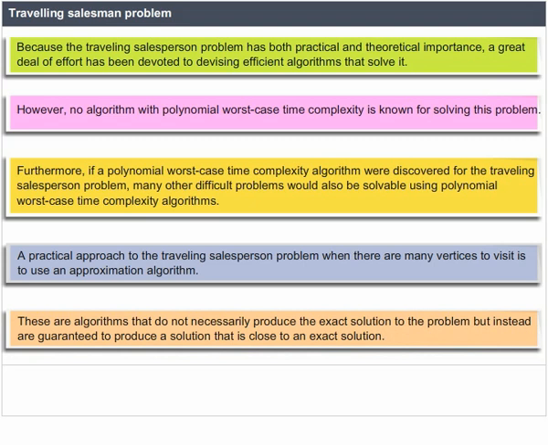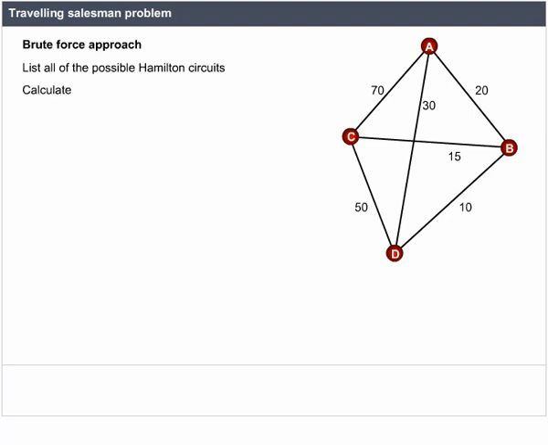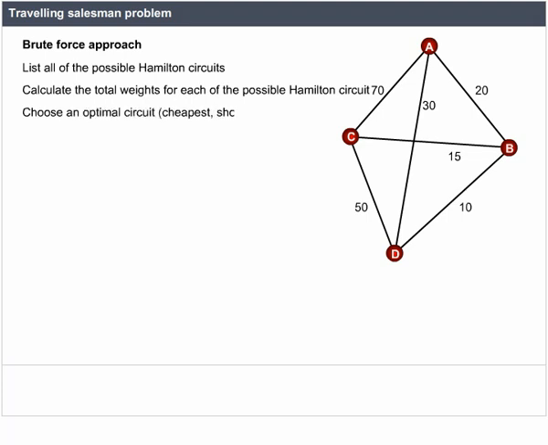Brute force approach. List all of the possible Hamilton circuits. Calculate the total weights for each of the possible Hamilton circuits. Choose an optimal circuit: cheapest, shortest, or fastest. Start at C. C, A, B, D, C equals 70 plus 20 plus 10 plus 50 equals 150.